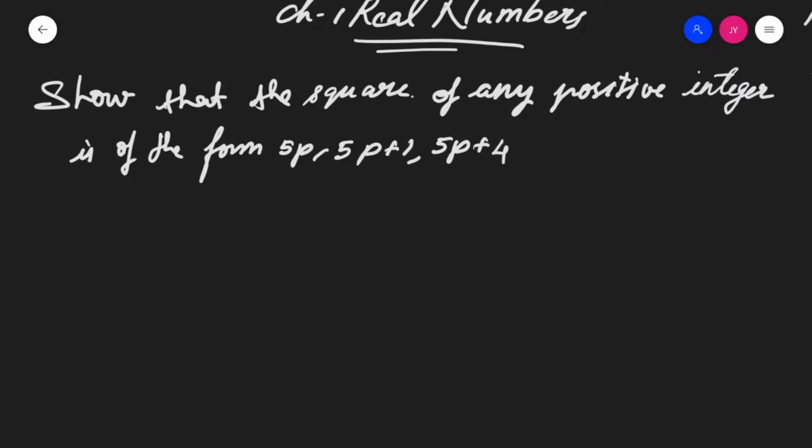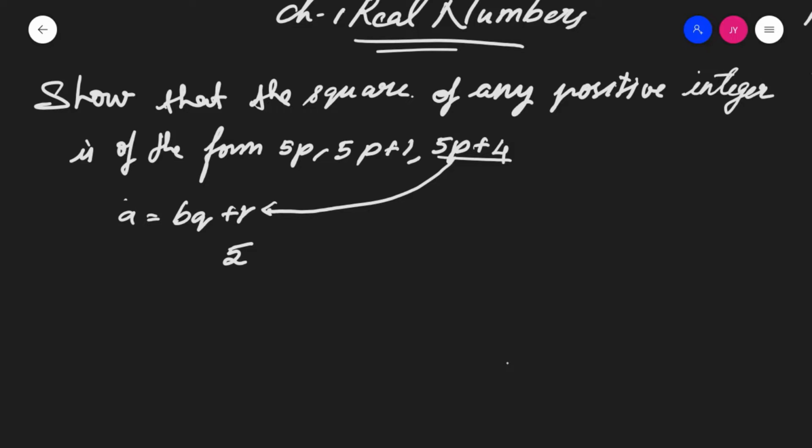So, as we have learned, Euclid division lemma: A is equal to BQ plus R. By comparing this with BQ plus R, what is B here? 5. So, what are the possible values of R when B is equal to 5?